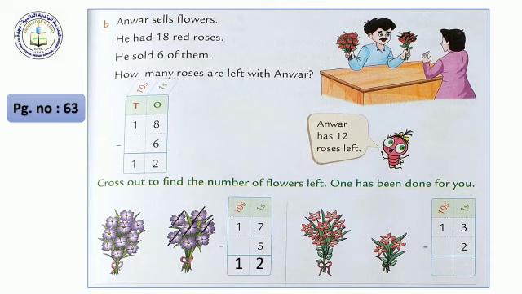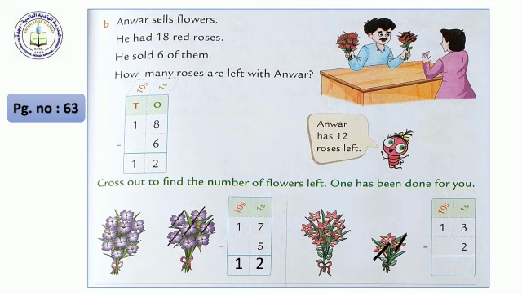There are 13 flowers, 1 bunch of 10 and 3 single flowers. Now we are going to take away 2 from it. Cross 2 flowers. So out of 3 ones, when we cross 2, how many are left? Yes, 1 flower left.